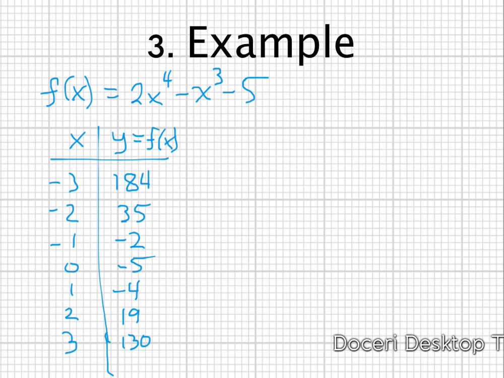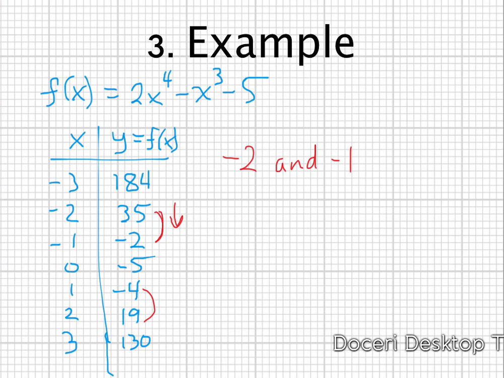Okay, so where we really want to pay attention is what's happening from here to here and from here to here. Somewhere between negative 2 and negative 1, I switch from positive to negative, so I'm going downward, right?